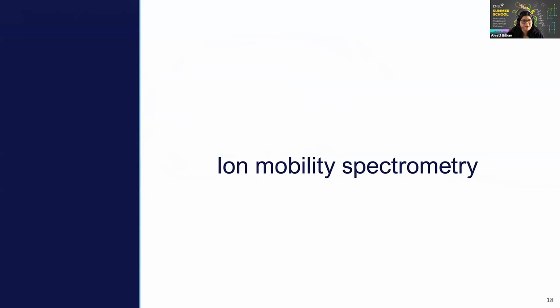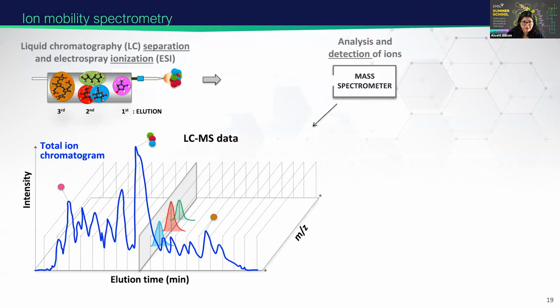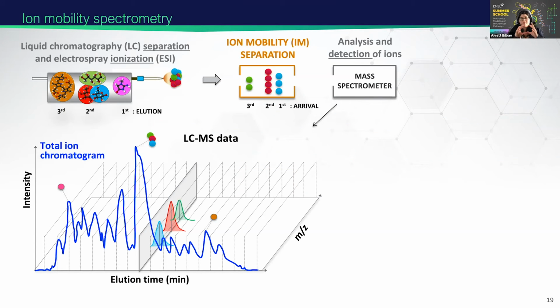Okay, now we will talk about ion mobility. You remember this slide, where now I have some small molecule designs, but it's the same. They can be analyzed with liquid chromatography to be separated, and then to collect the LC-MS data. What we do with ion mobility, the instrument then has another stage in front of the mass spectrometer, after the liquid chromatography separation.